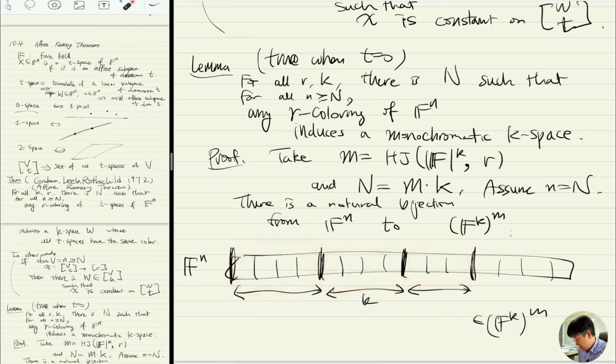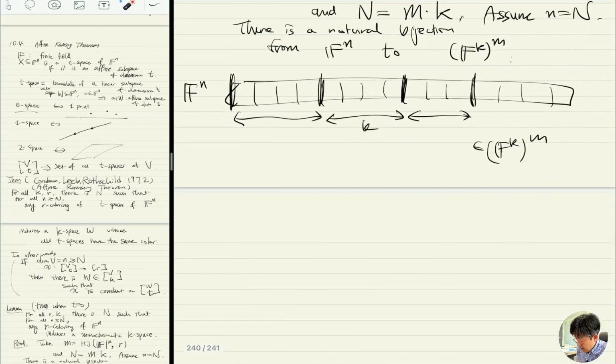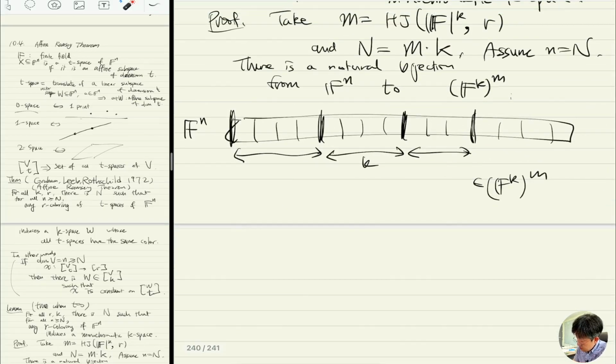So the number of possibilities is |F|^k, and then there are M of them.